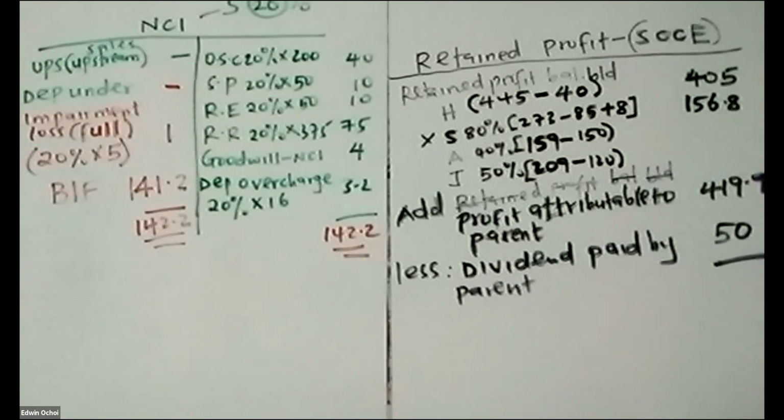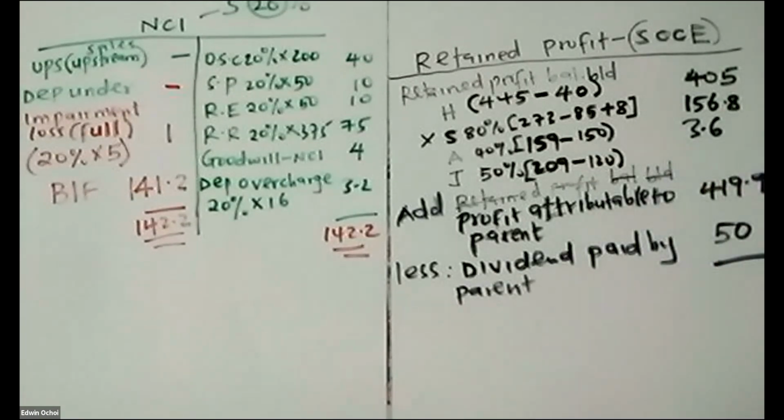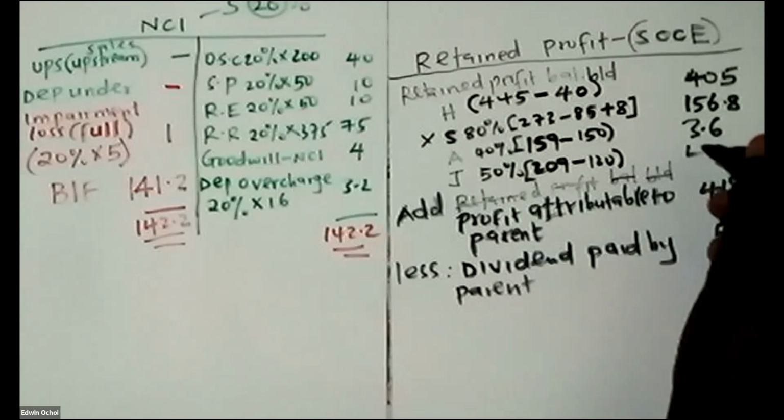So 0.4 times 9, this is 3.6. Then 209 minus 120 times 0.5. So this is 44.5.